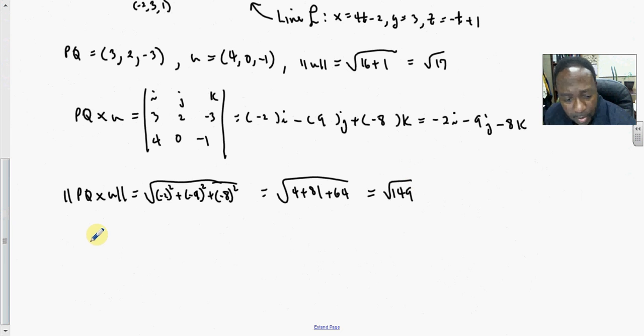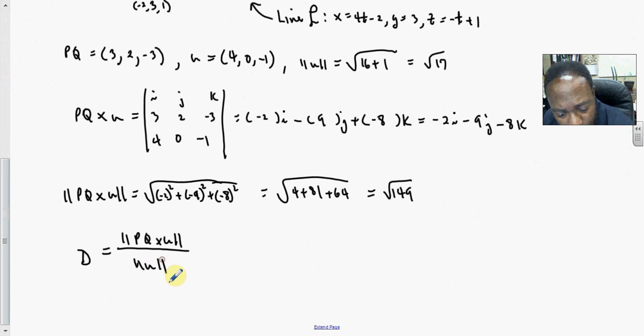So the distance is the norm of the cross product of PQ and U divided by the norm of U. So this is the square root of 149 divided by the square root of 17.